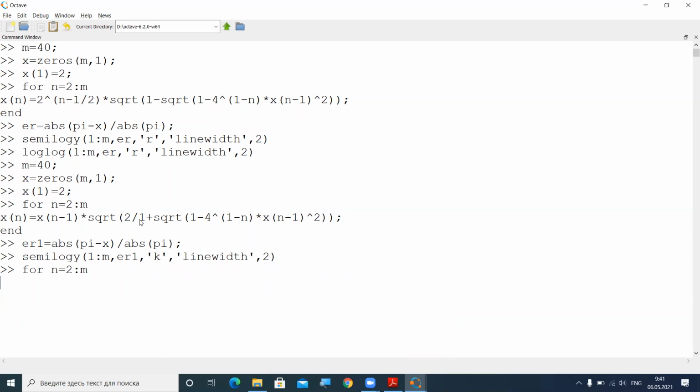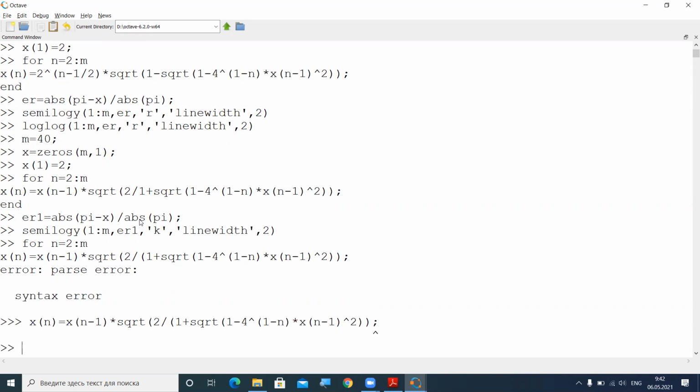So let's open the loop one more time. One plus sqrt 1 minus 4, 1 minus n, xn minus 1, and power 2. Now I think it's correct.